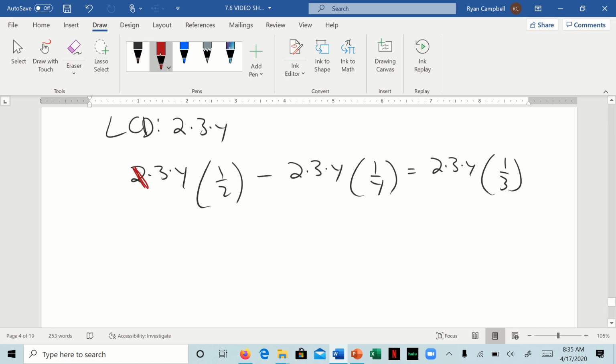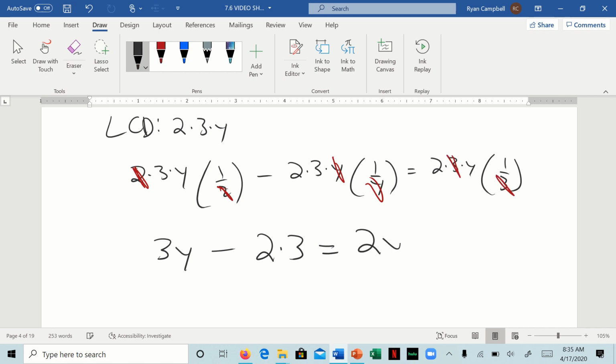For the first one, the 2's cancel, so you're left with 3y. For the second one, the y's cancel, so you're left with 2 times 3, but we're not going to multiply that out because that just means x and z. For the last one, we divide out the 3, so we get 2y.